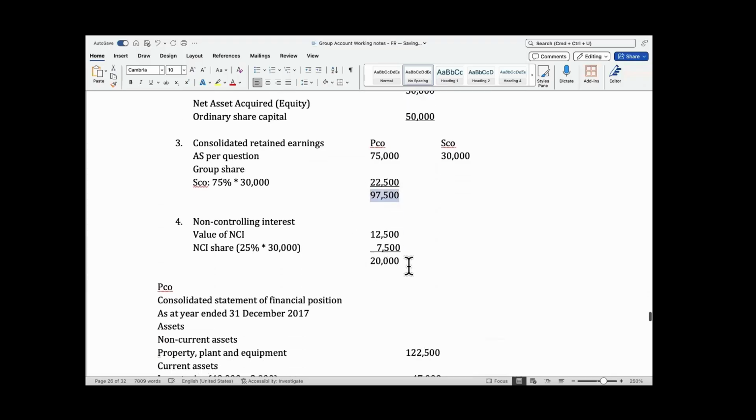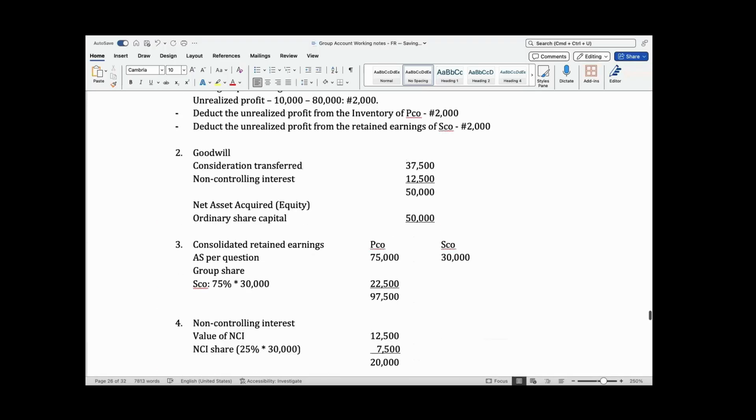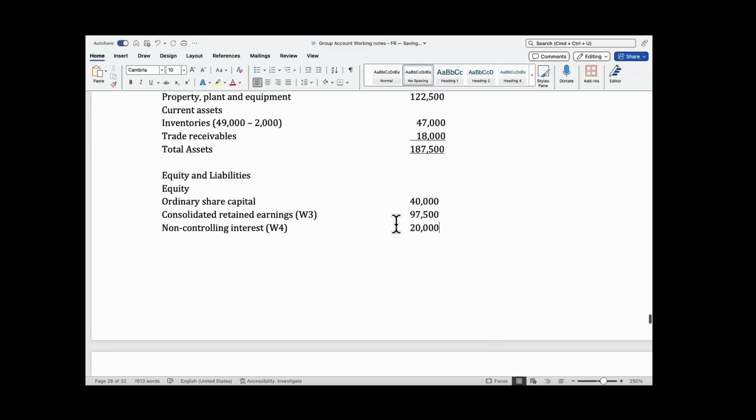Then my NCI, 20,000. So what's the addition of all this? My equity. $157,500. Okay.